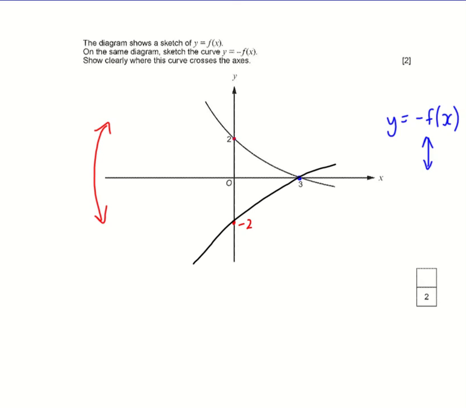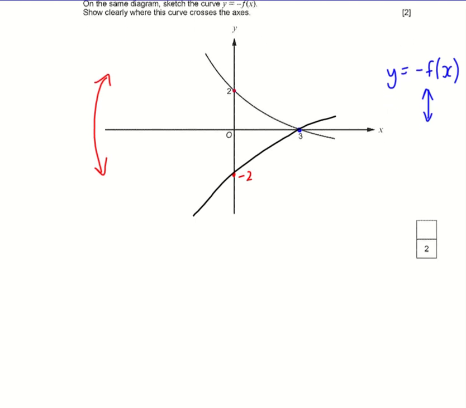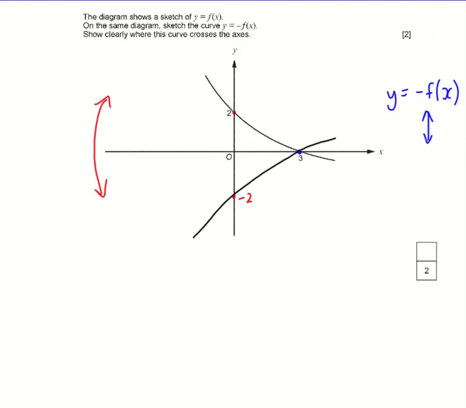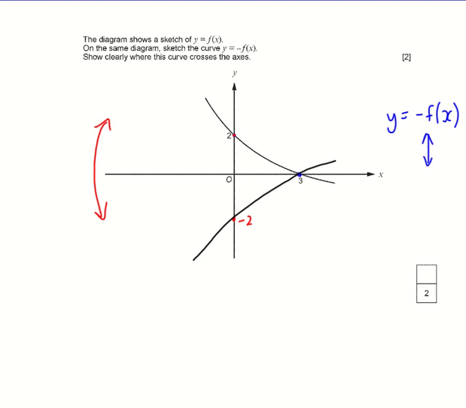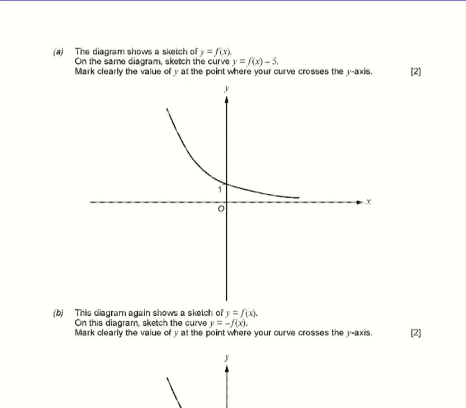Okay, so where the original graph went a little bit negative at the end, our new graph has gone a little bit positive, and we've shown where it crosses the axes, minus 2 on the y-axis and 3 on the x-axis. So that's all the marks for that question. Okay, and that's the only one on that page. Okay, next one.